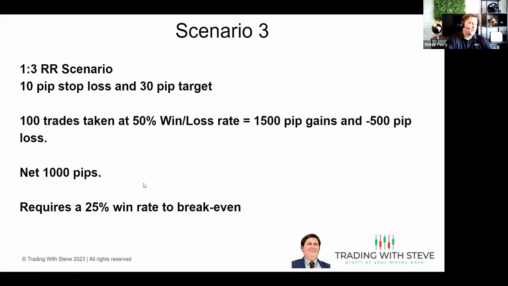That's exactly what you want. And the other cool thing too is you still can afford many losers at this rate. You can lose 75% of your trades and still be at break even. Obviously, break even isn't our goal. We obviously want to be profitable.